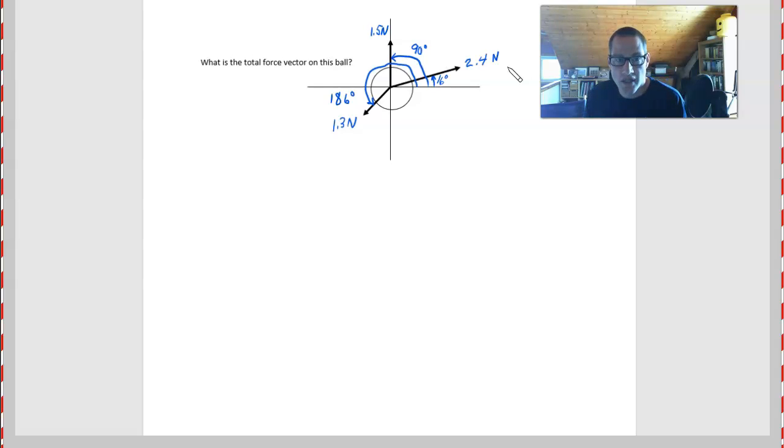So the first thing is we're going to convert each one of these force vectors on this ball into their x and y components. So I'm just going to draw this force vector here.